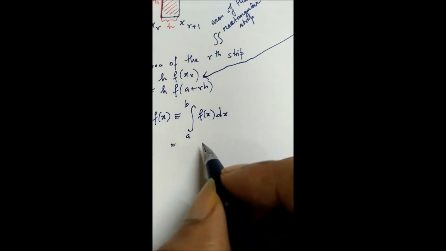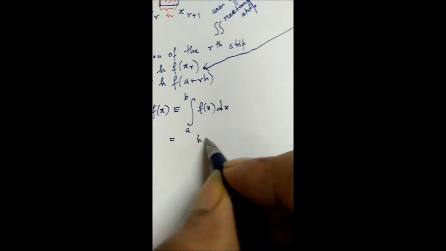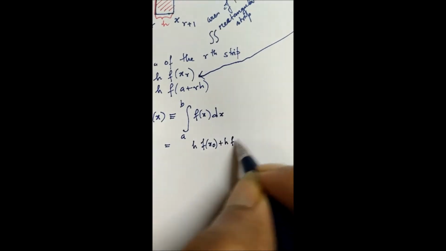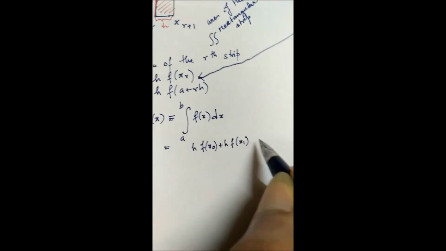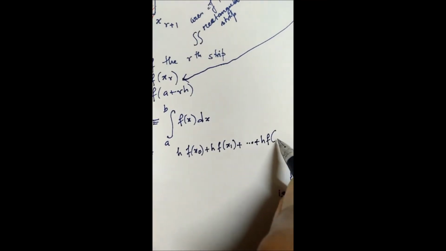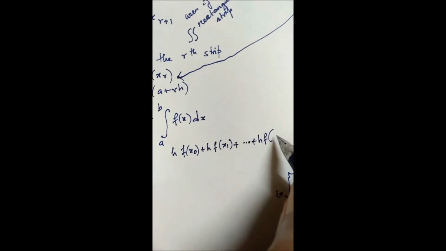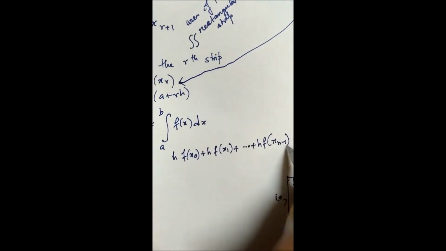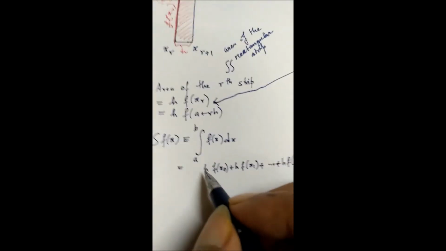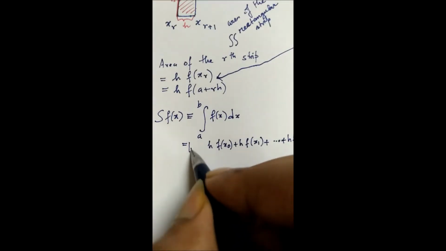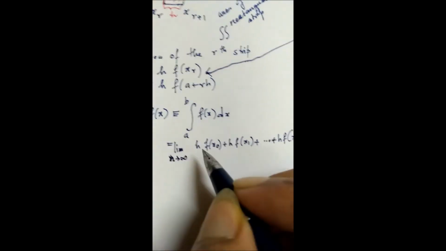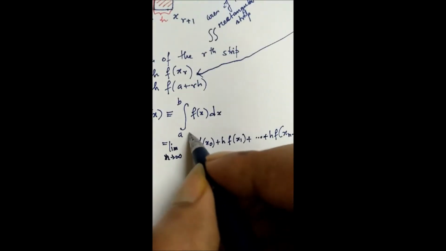So h f of x0 plus h f of x1 plus going up to h f of xn minus 1, right? But of course under the limiting condition that n tends to infinity, right?